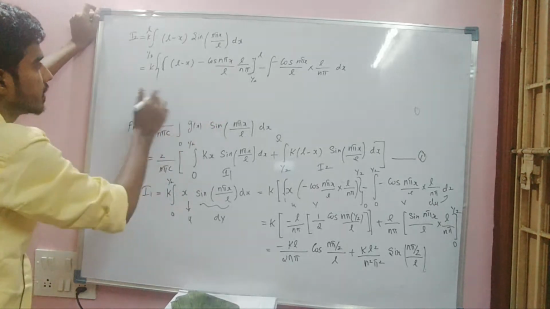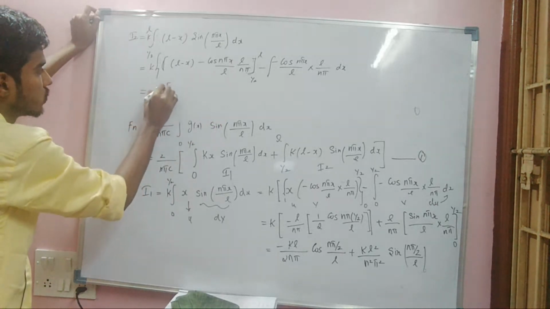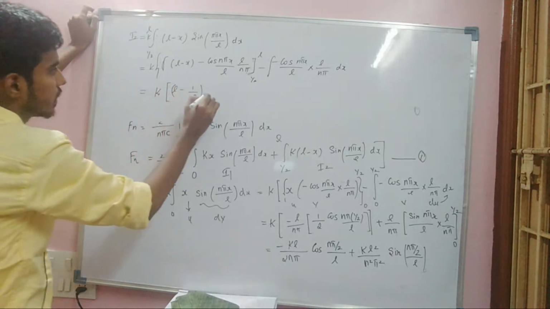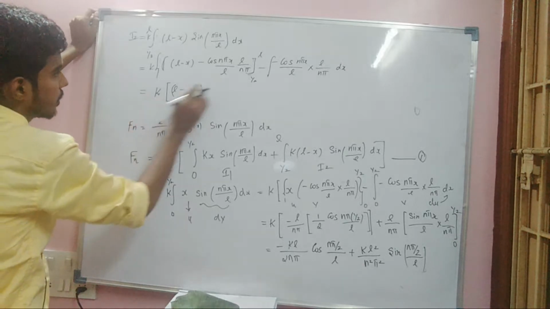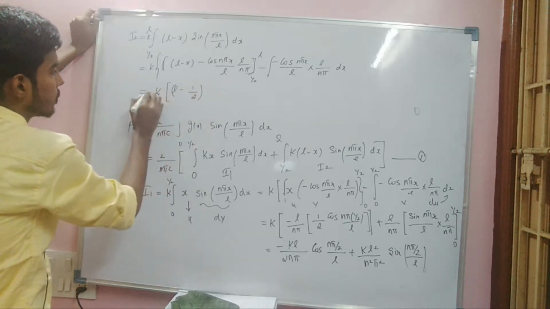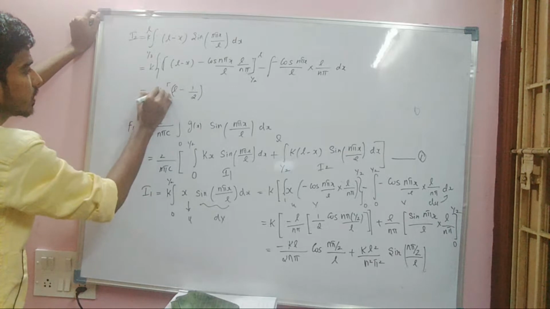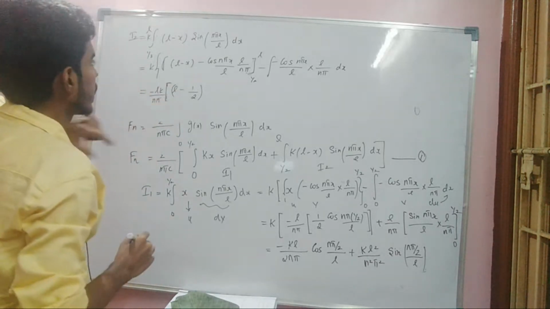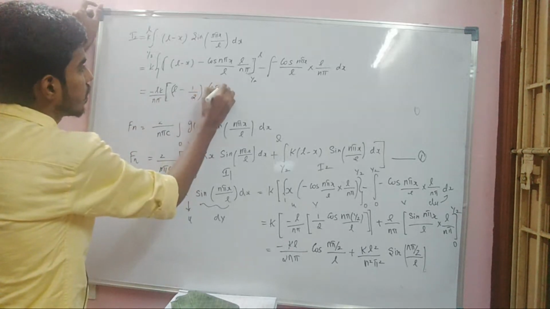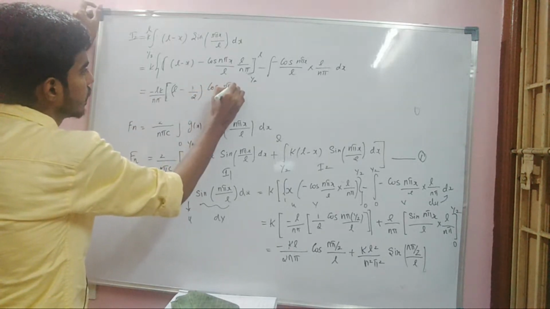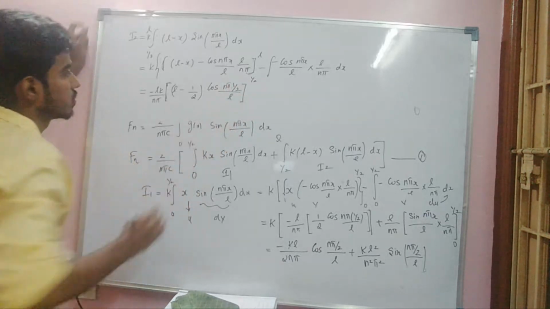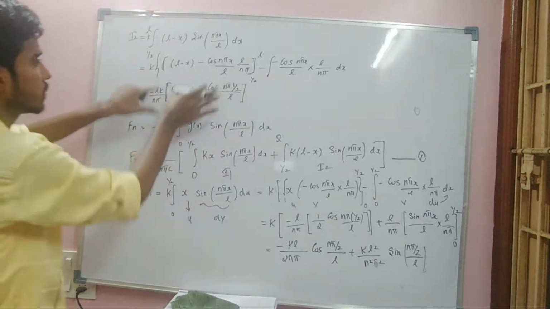To substitute the lower limit, we will have k times (L − 1/2), and I can take the minus outside, so minus Lk by nπ cos(nπ/2L). So this is our simplification of this term.